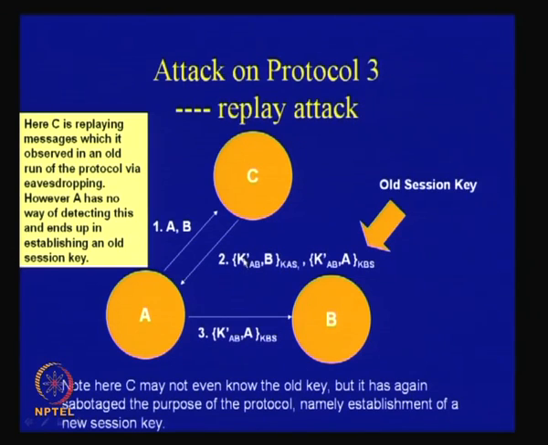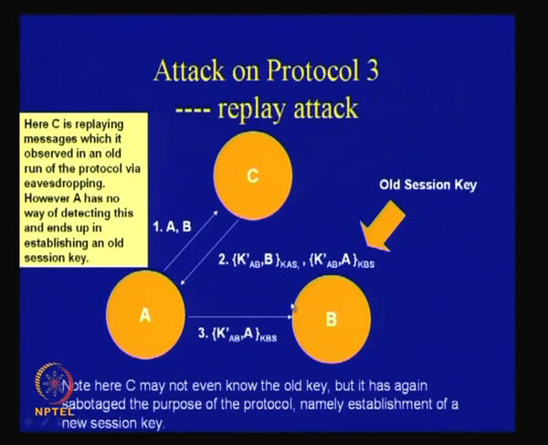The old observed message is K dash AB, which is an old session key, encrypted by KAS along with the identifier B, and K dash AB along with the identifier A, encrypted by KBS. Note that this is old traffic which has been generated. This message is being communicated back to A.